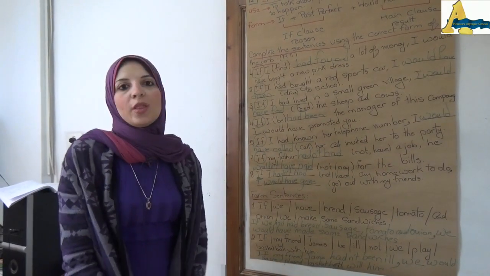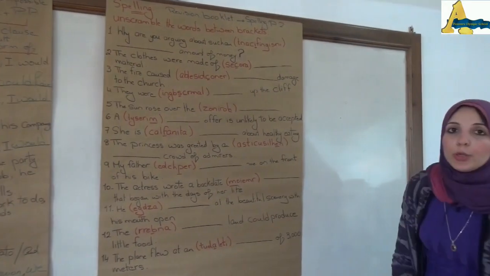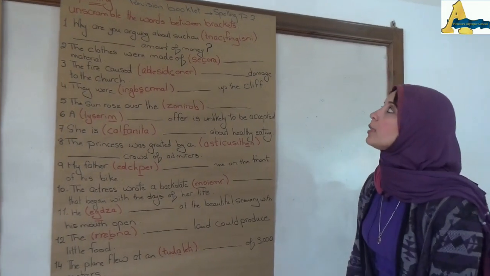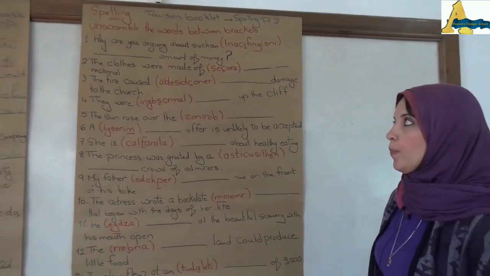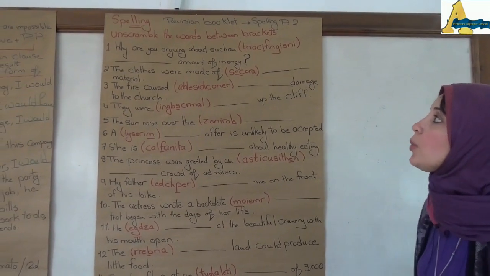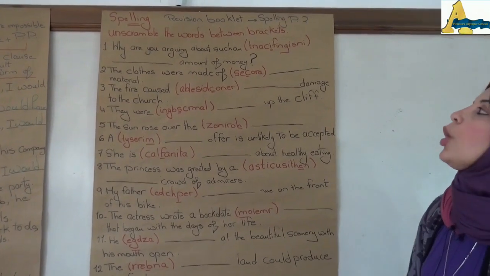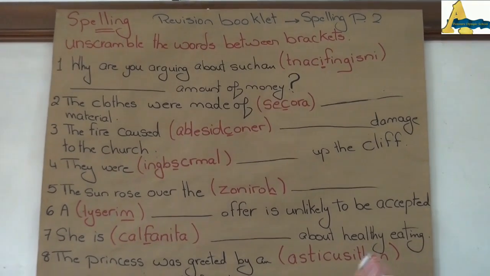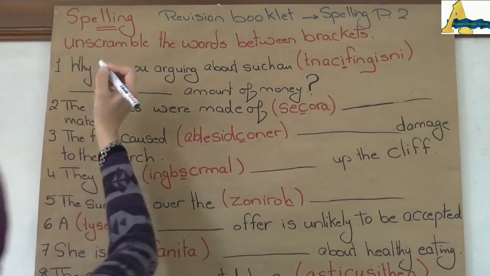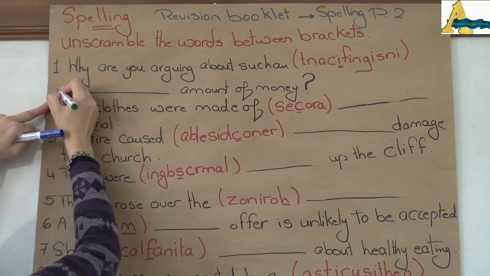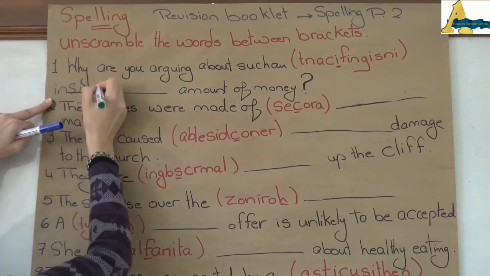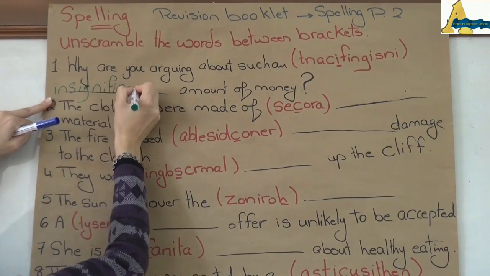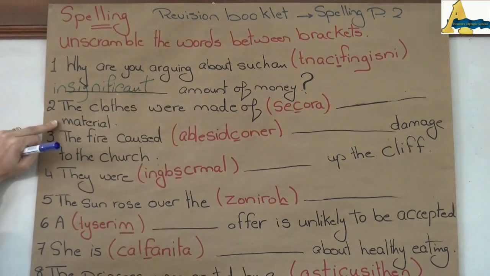Let me now start with the spelling revision. It's going to be also taken from your revision booklet, spelling page 2. Let's unscramble the words between brackets. Number 1, why are you arguing about such an insignificant amount of money?